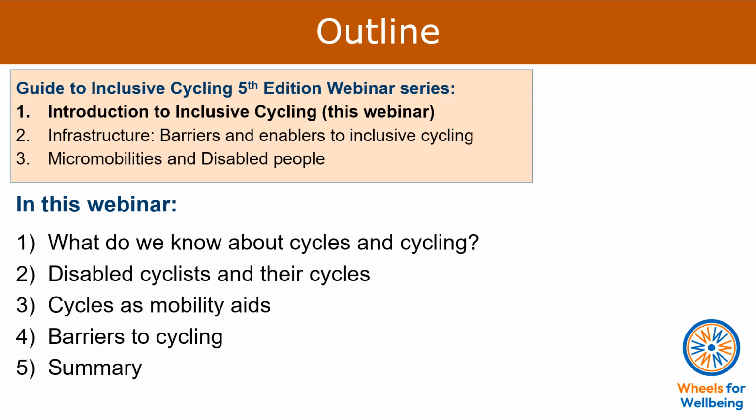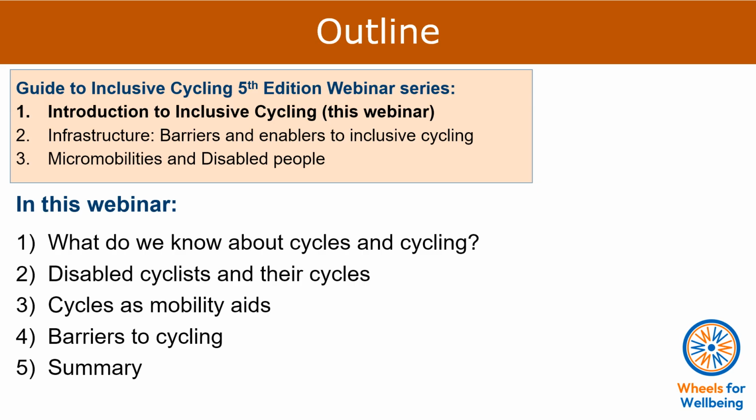The second webinar in the series focuses on infrastructure and looks at the ways that infrastructure in the environment can be both a barrier or an enabler to inclusive cycling. And the third webinar in the series looks at micromobilities, the growth of shared forms of low carbon transport and their impact for disabled people.